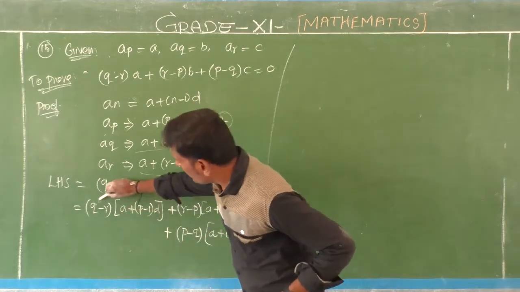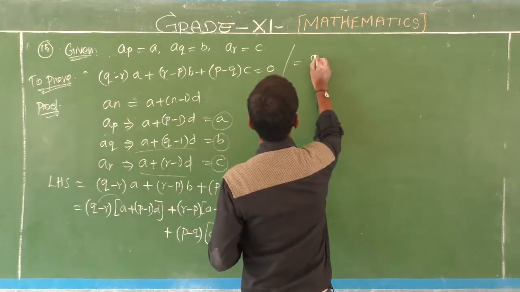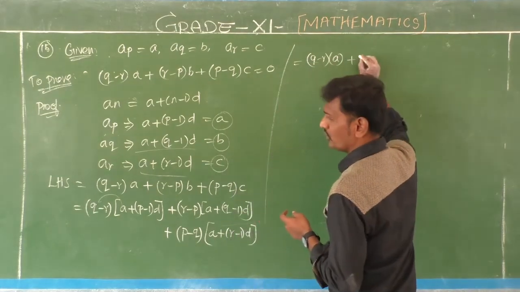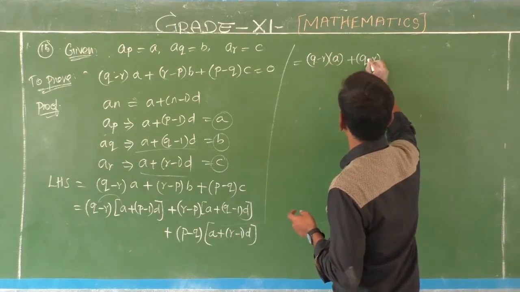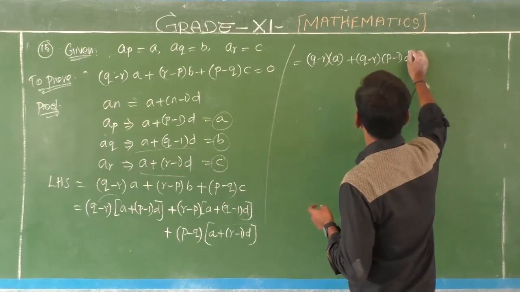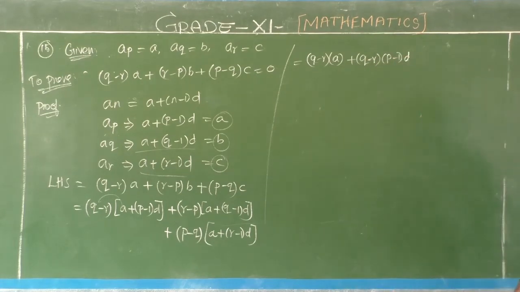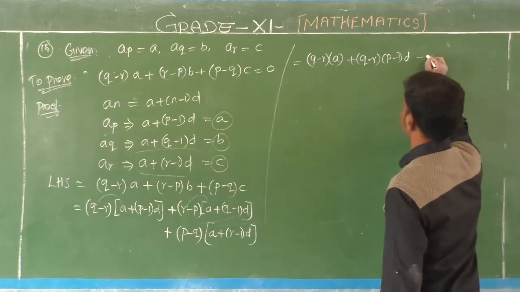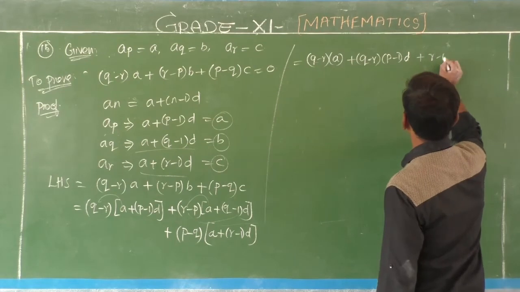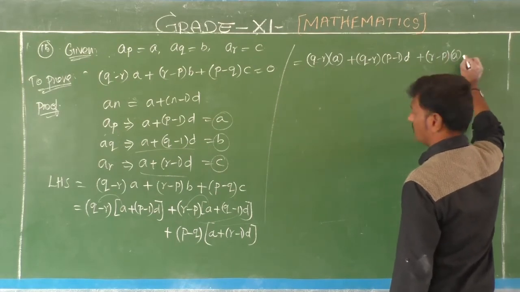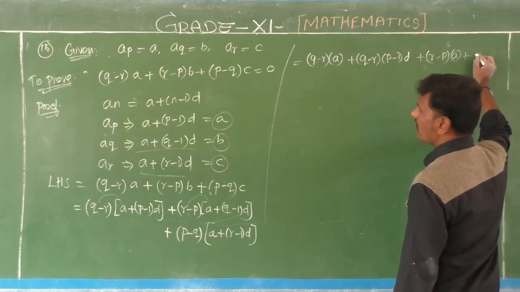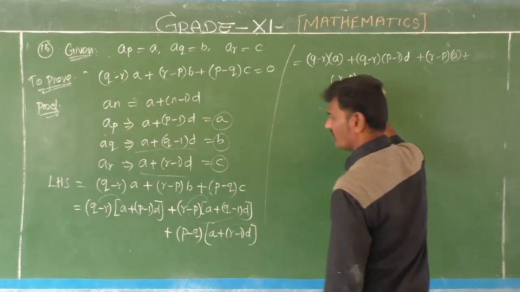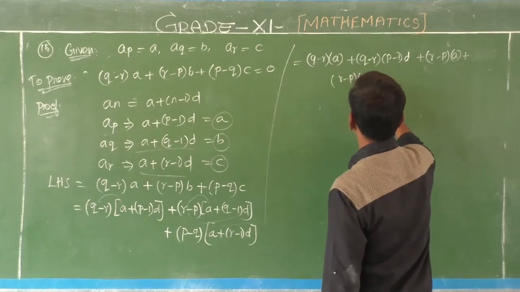Now you are going to multiply. (q minus r) into a plus (q minus r) into (p minus 1) into d, and next (r minus p) into a plus (r minus p) into (q minus 1) into d.